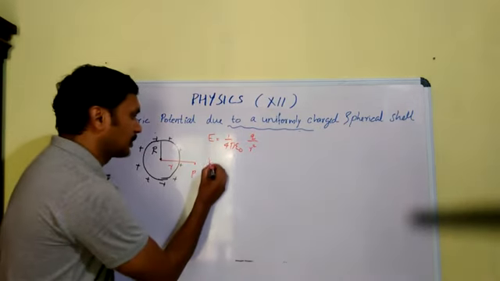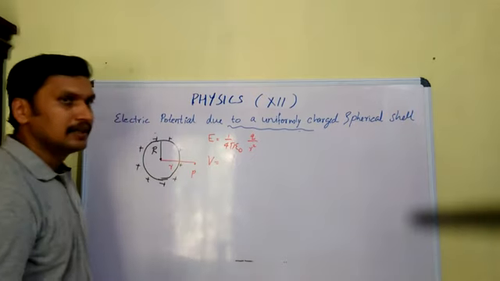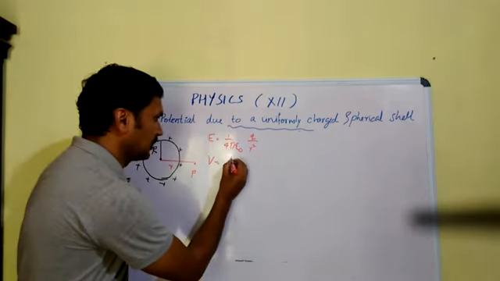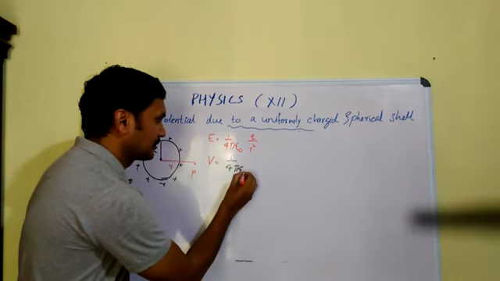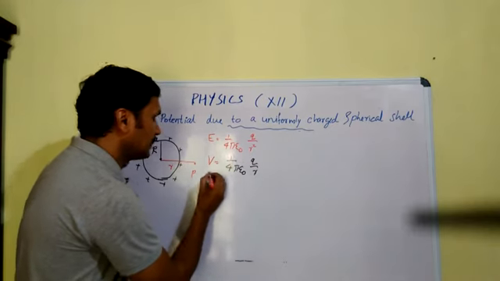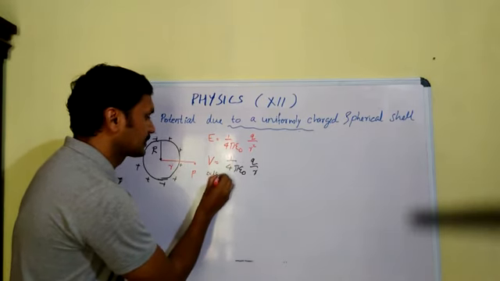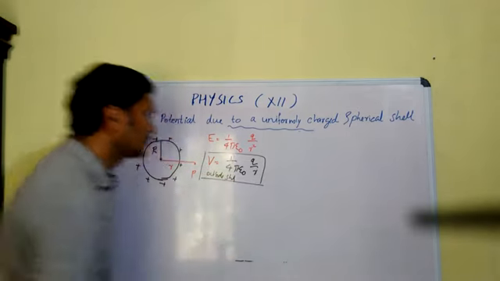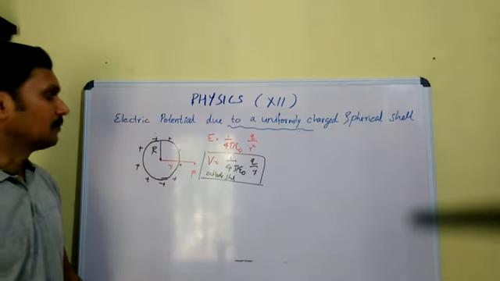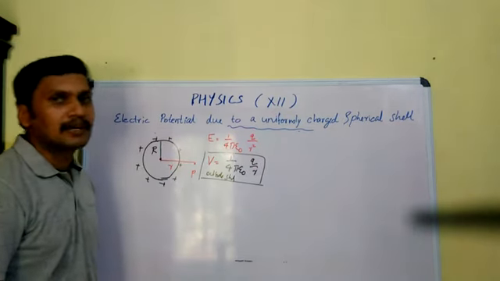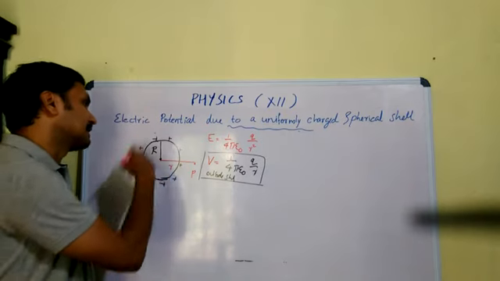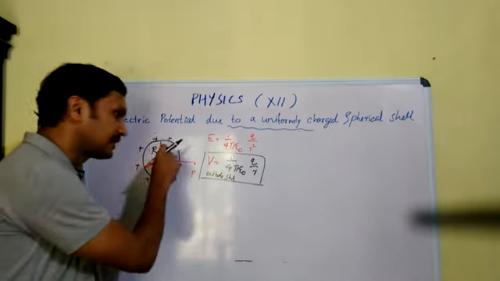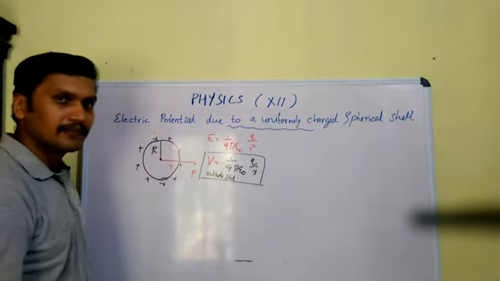The electric potential at point P, if the entire charge is concentrated at the center, is V equal to 1 by 4 pi epsilon 0 q by r. This is at a point outside the shell. Outside the shell, electrostatic potential will be V equal to 1 by 4 pi epsilon 0 q by r, as if the entire charge is concentrated at the center of the shell instead of on the surface.